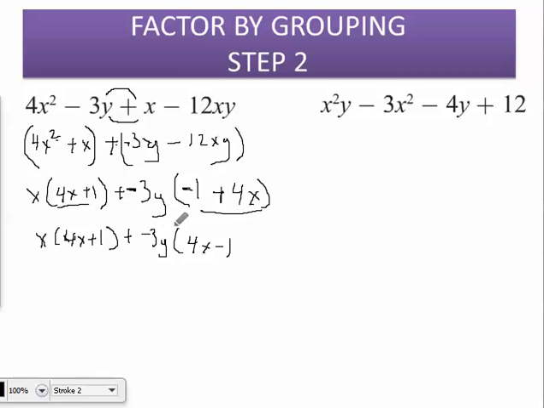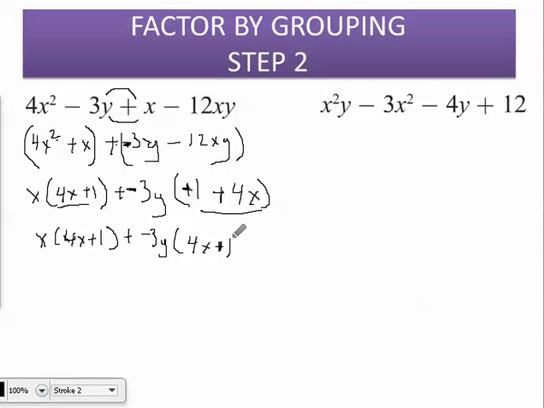Where did I get the minus sign? Oh, it was a minus 3y, so it should have been a plus there. Sorry. Dropped a negative sign. That'll kill you every time. Okay? So if I pulled out the minus 3y, that would give me a 1 here, and it would give me a plus 4x there.